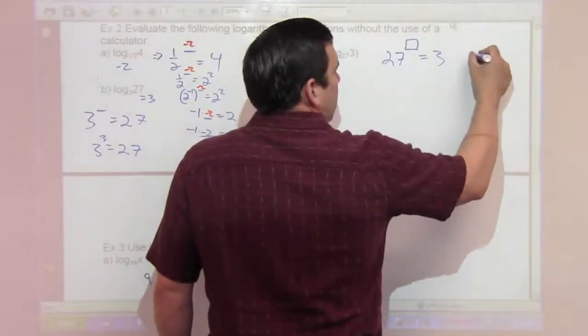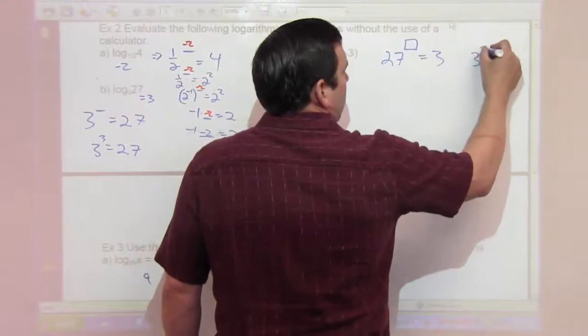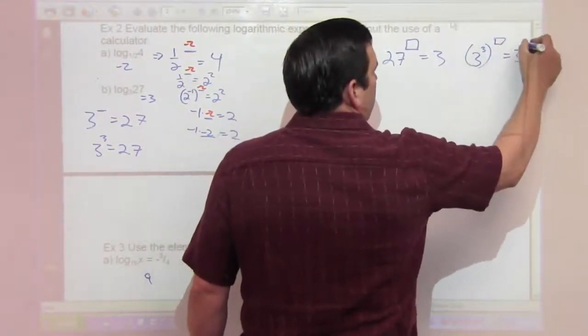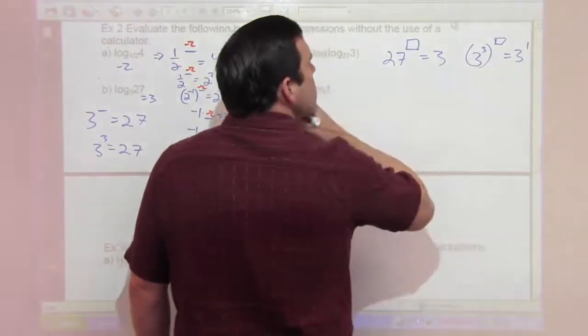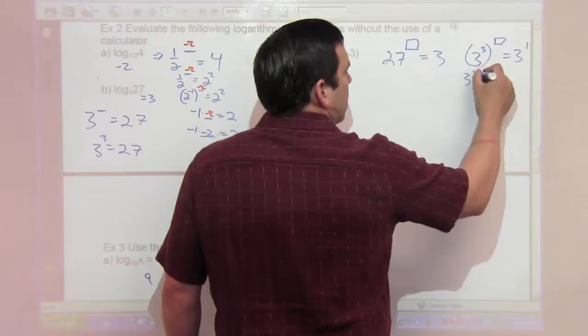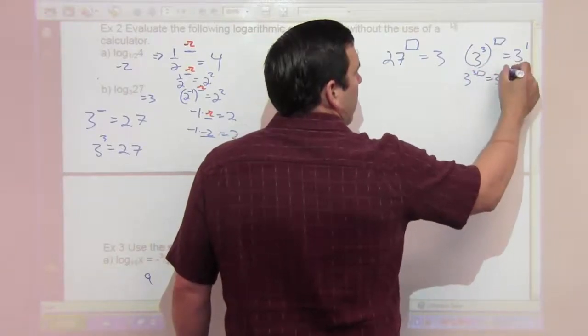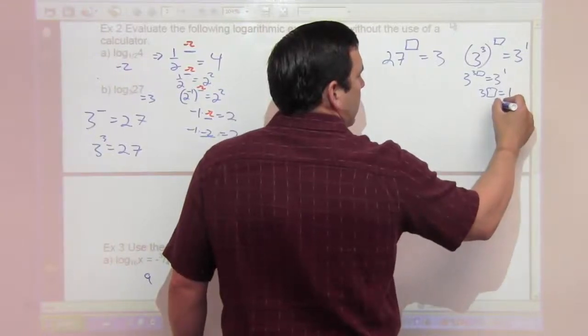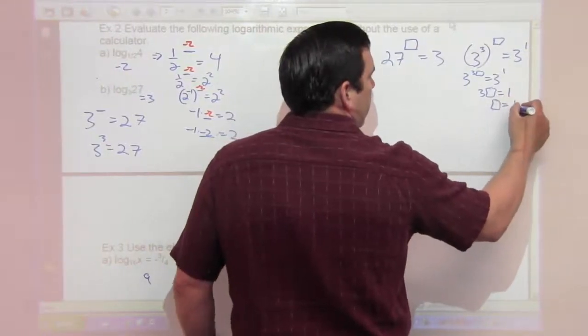This might be helpful to see this as 27 is 3 to the 3rd power, being raised to some power will become 3 to the 1 power. So it's 3 to the 3 times some power equals 3 to the 1. So 3 times some power equals 1. So that power must be 1/3.